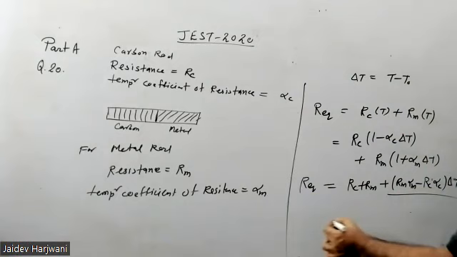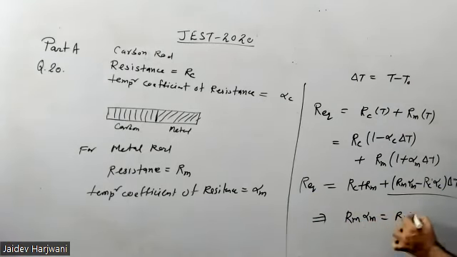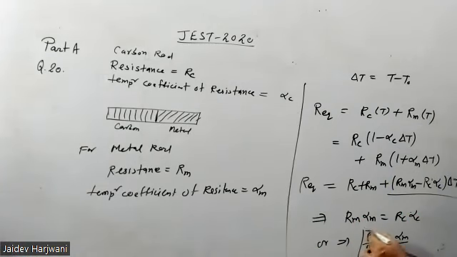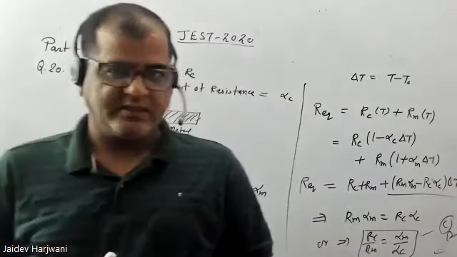The condition gives Rm alpha m equal to RC alpha C, which implies RC upon Rm equals alpha m upon alpha C. This is the condition, and it is given as option C in the question. So option C is the correct answer for this question.